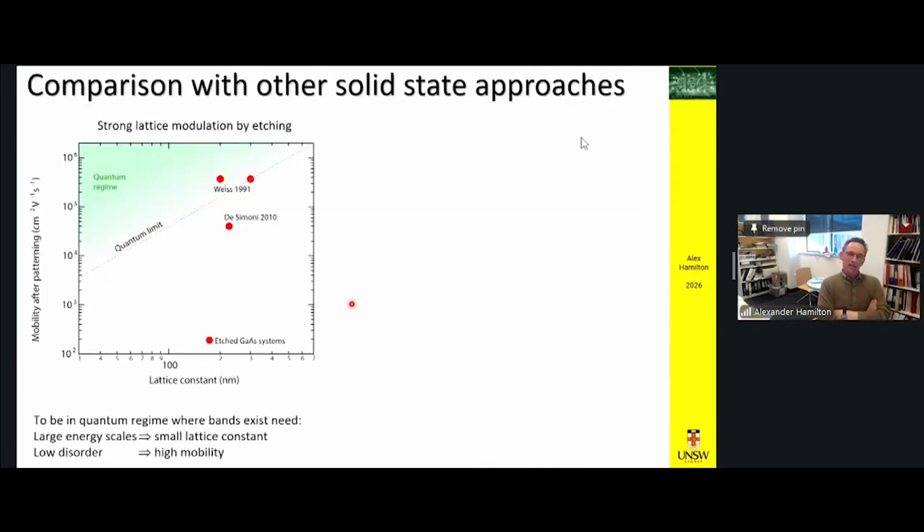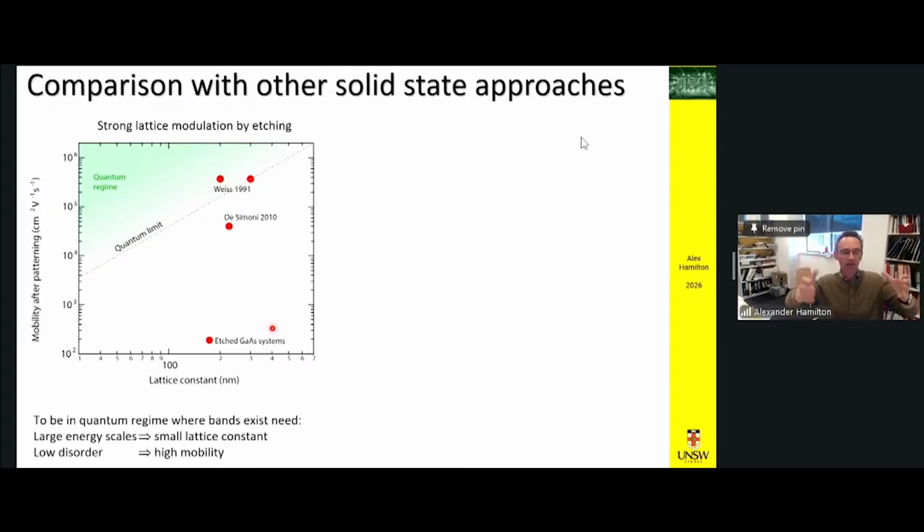So how does this approach compare to what other people have been doing, and why do we think it might be interesting? Well, what matters really is, if I create a lattice, do the electrons sense that lattice, or do they sense disorder and are unaware of the lattice? So the way we characterize this is: what is the lattice constant, and what is the disorder scattering length?